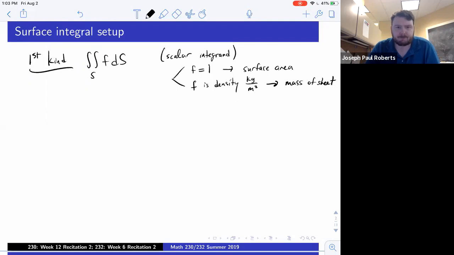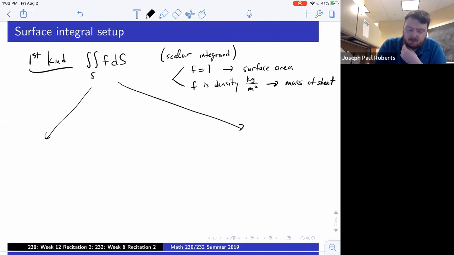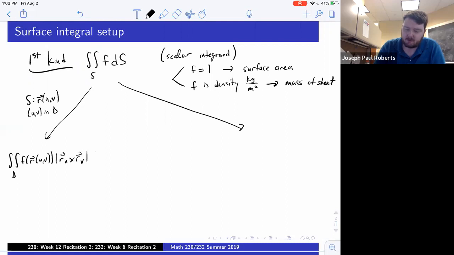Okay. And so as far as actually calculating it, this is where it gets a little bit more different from the line integral situation. But anyway, if we have a parametric equation R of uv for this surface, and we want to set it up that way, then the formula would be the double integral of f of R of uv times the length of RU cross RV dA.